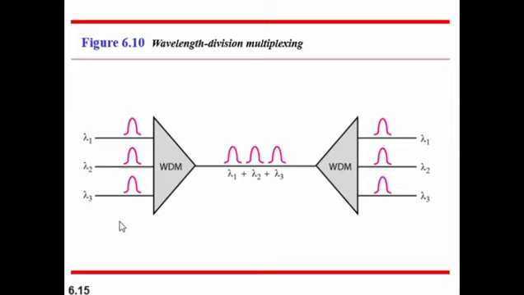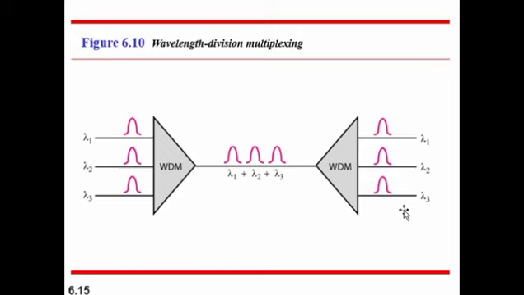So here we have 3 wavelengths, and when they pass through the wavelength division multiplexing process, they are summed up into the single link, and then again they pass through the demultiplexer, and here they are reassembled, right? From multiple wavelengths to a single link, and again after the process, multiple wavelengths. So this is how wavelength division multiplexing works.